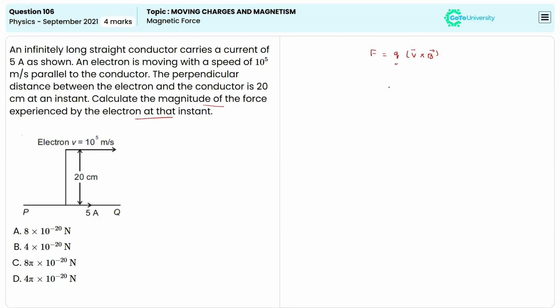The question is about the electron, so the value of charge will be equal to 1.6 times 10 to the power negative 19 coulomb, right? Whereas V is representing the velocity. Is the value of velocity given in the question? Yes, it was given. It is 10 to the power 5, right? Whereas B is representing the magnetic field. Do we have a value of magnetic field? No. So first we have to calculate the value of magnetic field.